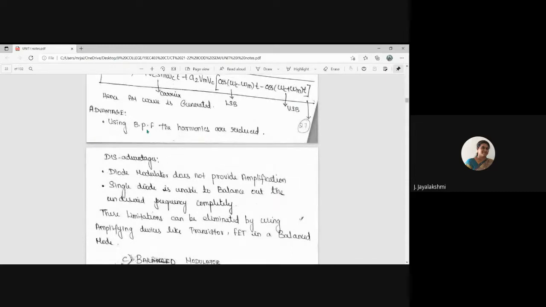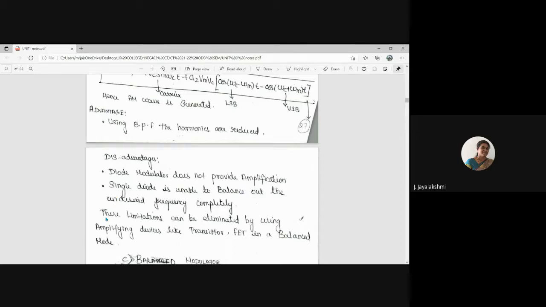Among the advantages, you use a bandpass filter, and this reduces the harmonics. But the drawback is that the modulator makes use of a diode, which cannot provide amplification. Only when you make use of a transistor can the signal be amplified. And a single diode is unable to balance out the undesired frequency components.